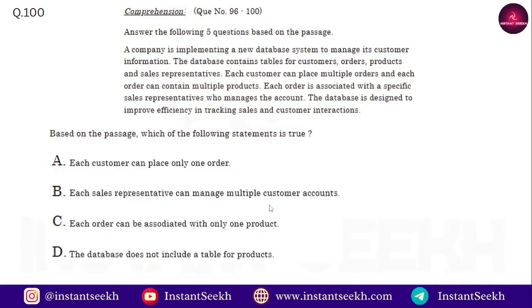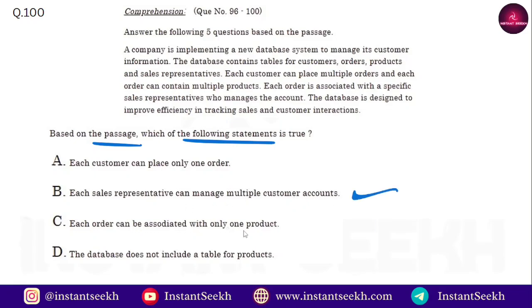Let's move on to question number 100, that is your last question. Based on the passage, which of the following statements is true? Each customer can place only one order. Is this true? No. Each sales representative can manage multiple customer accounts. Yes.